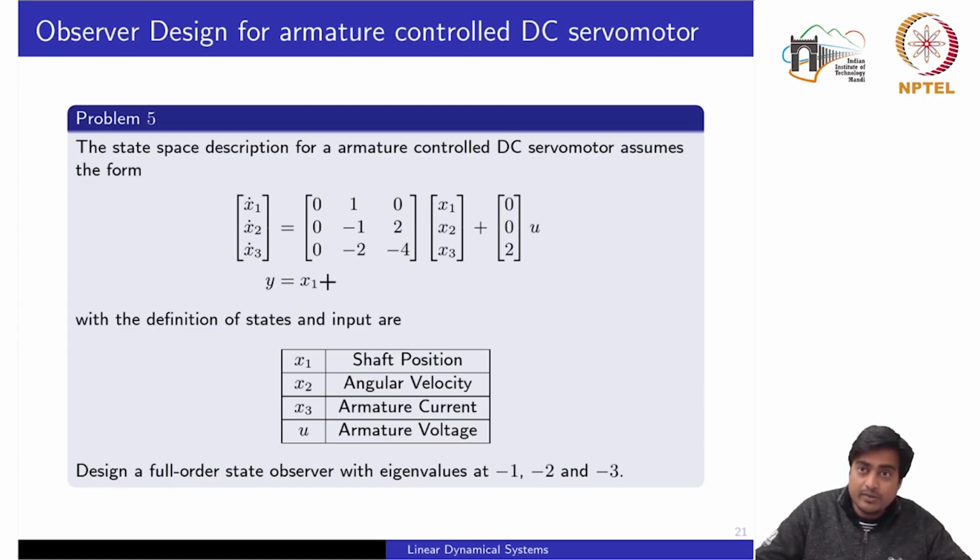This is what we had seen in the previous example: if we are able to design an observer for estimating both the states, then we know from the controllability property of the pair that the system can be stabilized. So here again we have a direct measurement of only one of the states but not all of the states. So we want to design a full order state observer by placing the eigenvalues at these values.